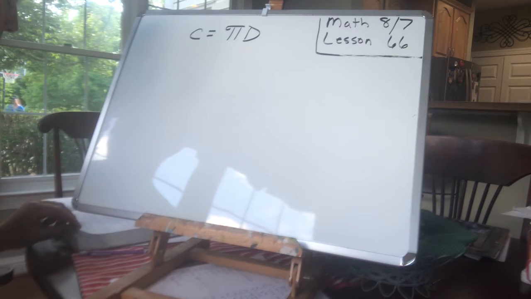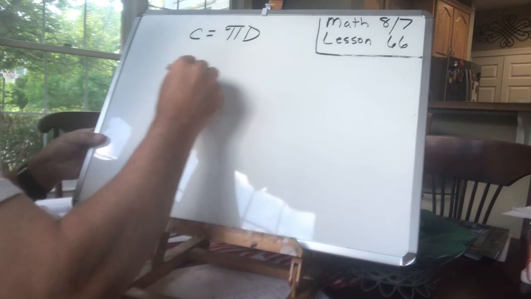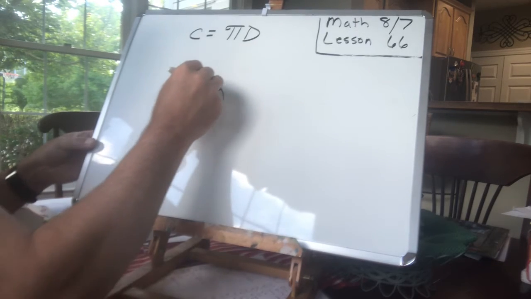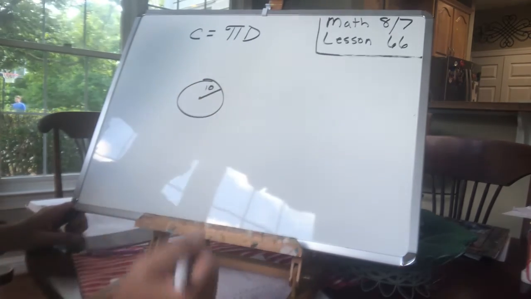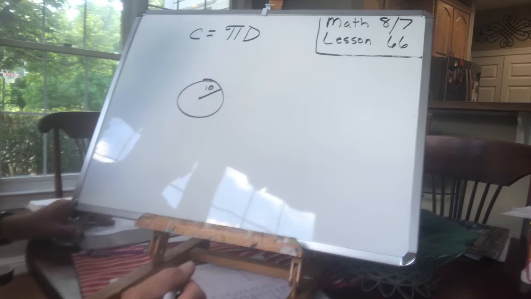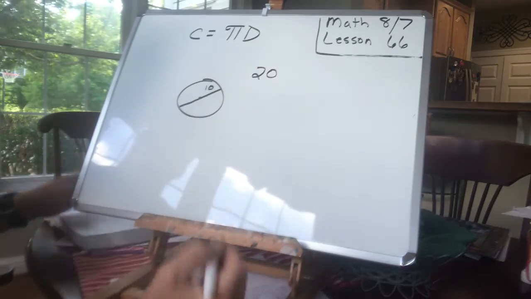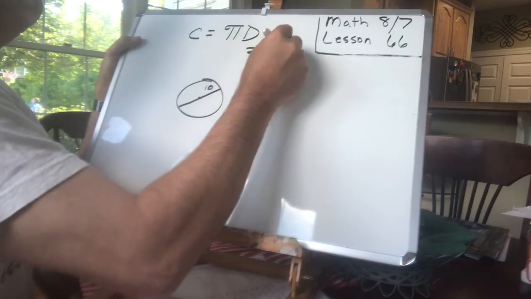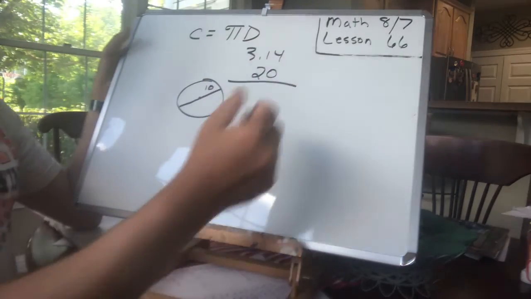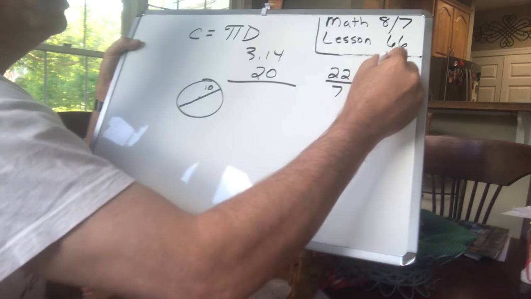The examples that they give in the book, it will say the radius of a circle is 10, all right? Well, what's the diameter? The diameter is going to be twice the radius, okay? So the diameter of this circle right here would be 20, okay? And to figure out the circumference, I'm either going to multiply it by 3.14 or I'm going to multiply it by 22 over 7, okay?